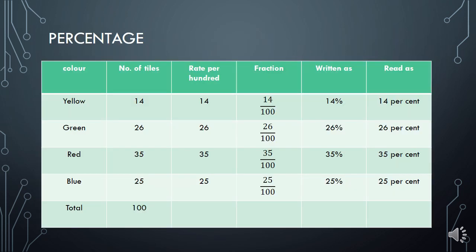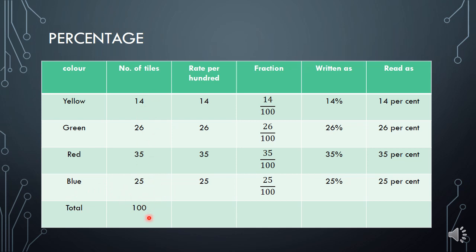Children, to learn about percentage, we have one table here. Here different colors are there, and different number of tiles are there, and total number of tiles is equal to 100, and rate per 100. How many tiles are out of 100 coming? Yellow tiles we have 14, green tiles 26, red tiles 35, blue tiles 25, and total number of all these tiles is equal to 100.